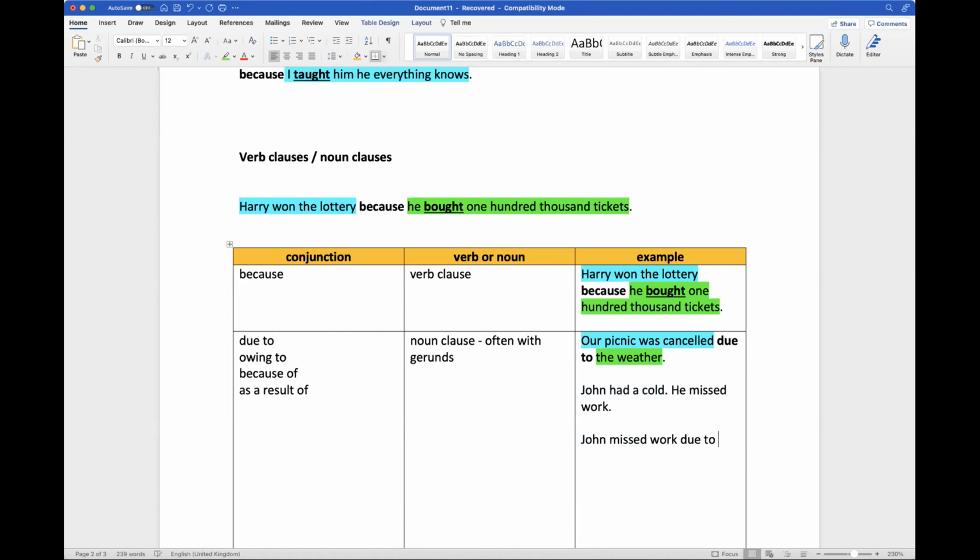You can just put due to a cold. Some people would do that. For me, it's not very good. Due to having a cold. Now that works because having is a gerund, and a gerund is the noun form of a verb.